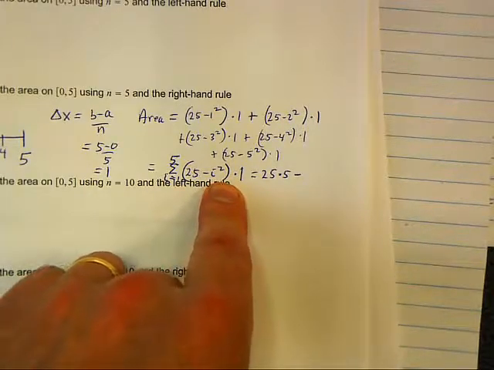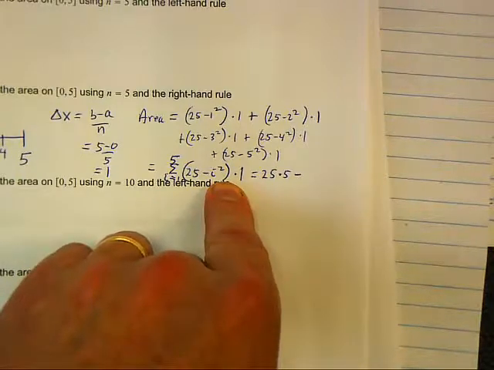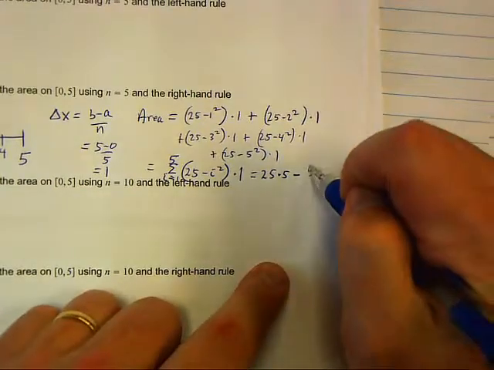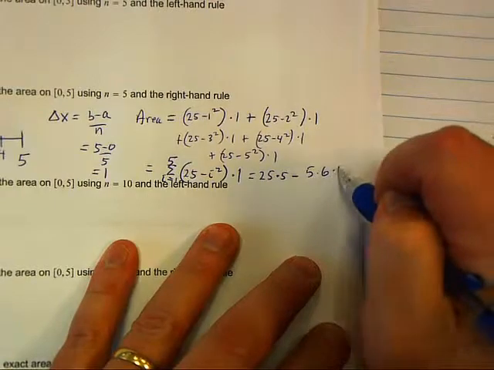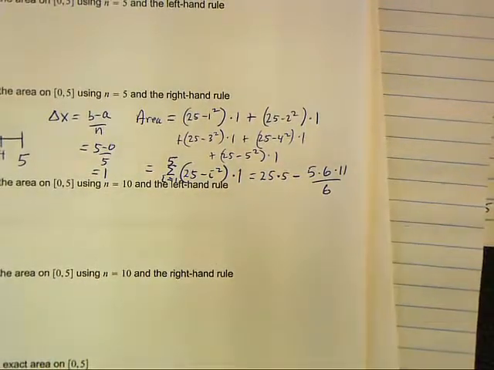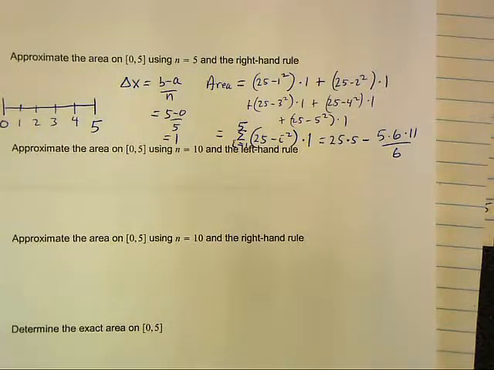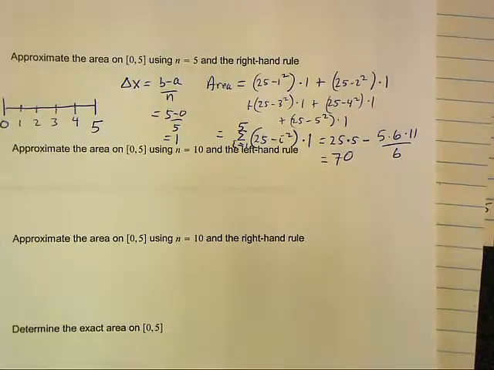This n squared formula goes n, which is 5, n plus 1, which is 6, 2n plus 1, which is 11, all divided by 6. So my final answer would be 25 times 5 minus 55, because the 6 is reduced. Calculator says 70.